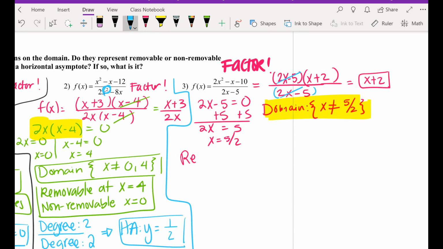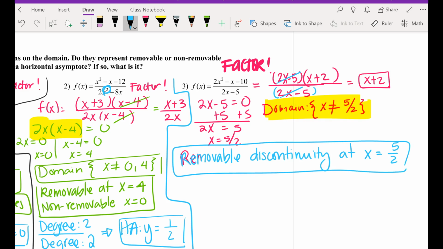Removable discontinuity at where? Yep, x equal to 5 or 2. Can you see the difference between how we wrote the domain and the removable?